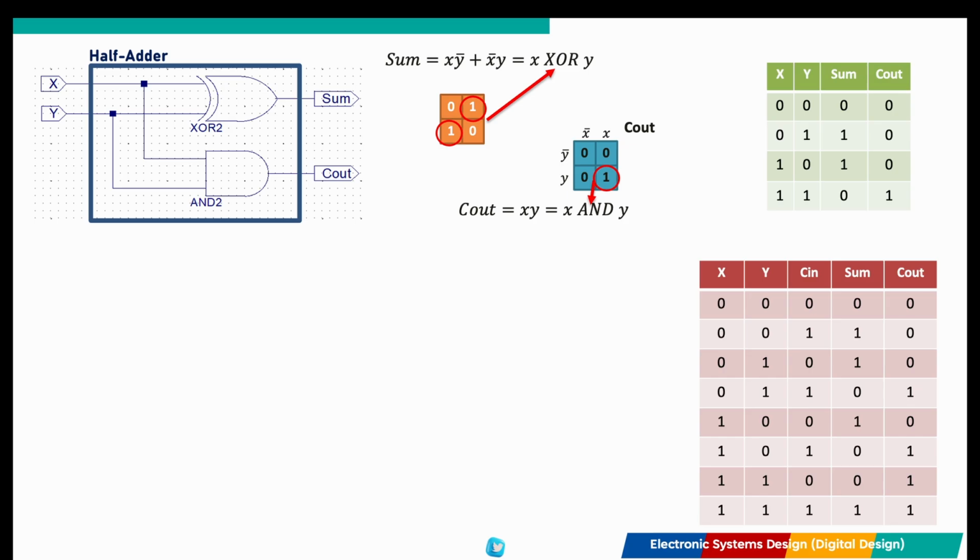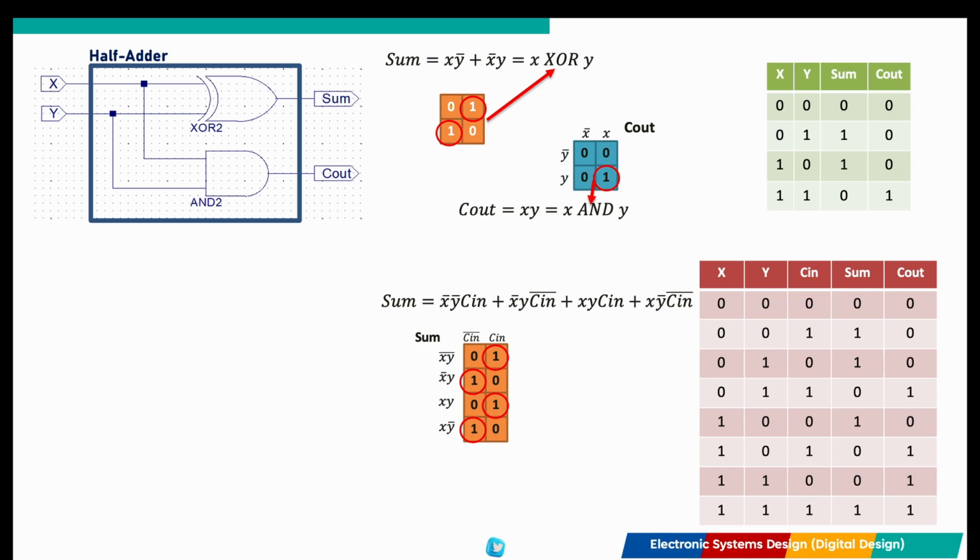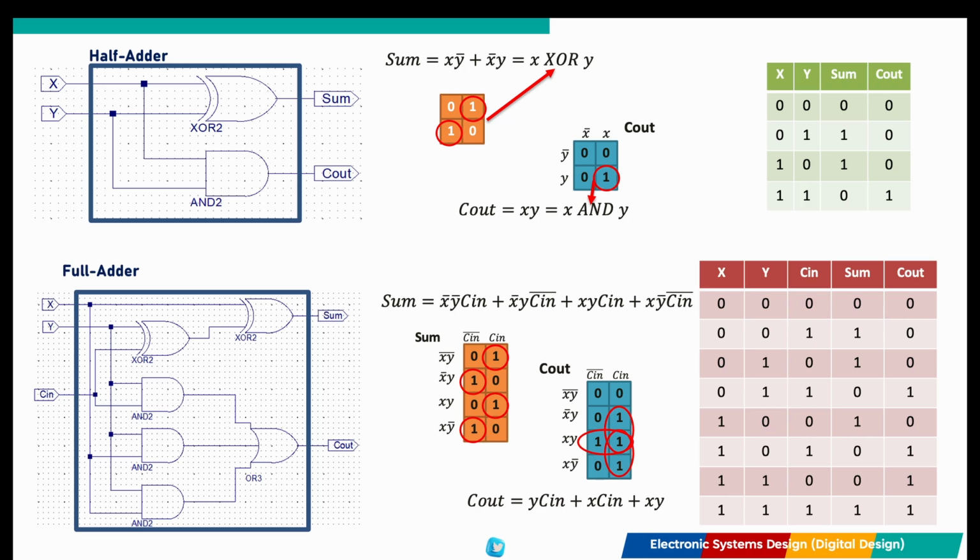By analyzing the truth table and K-map, we derive a slightly more complex architecture, a full adder. A full adder is essentially 2 half adders joined by an OR gate. It produces sum and carry out, allowing us to chain these modules together to add numbers of any length, from 4 bits to 64 bits and beyond.